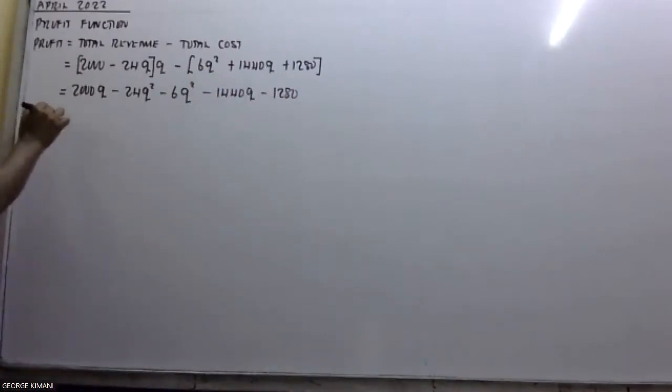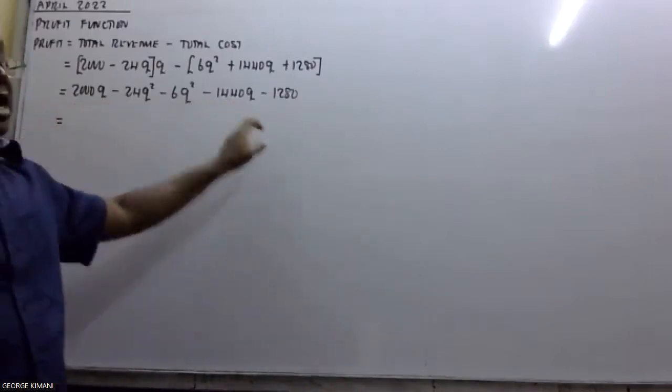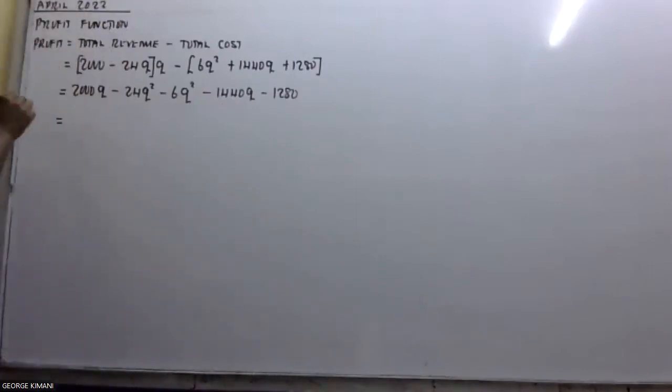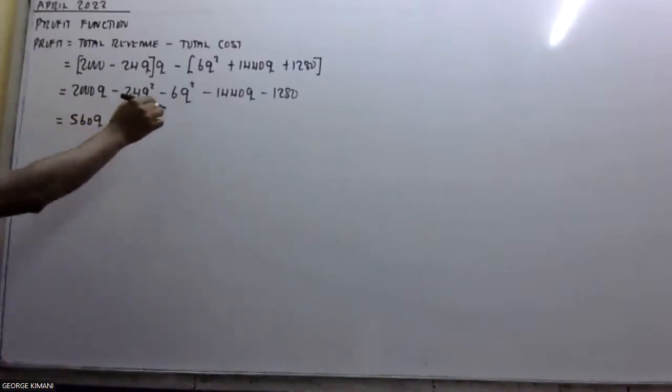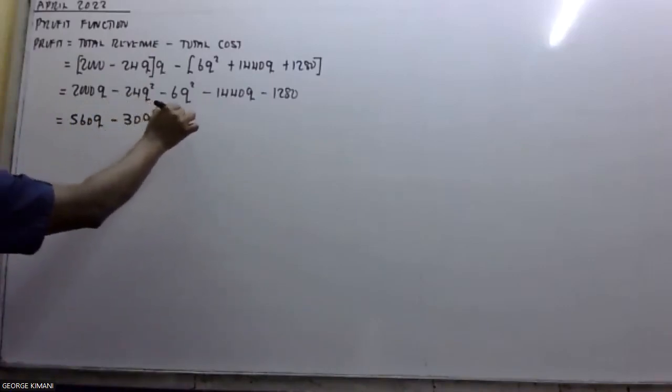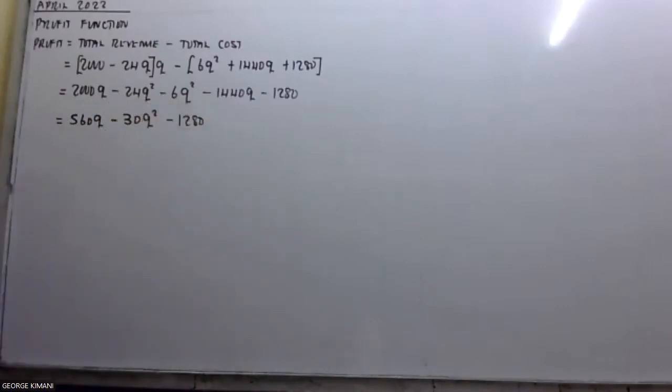So let's put like terms together. This 2000 minus 1440 gives us 560, so 560Q, and this is minus 30Q squared minus 1280.